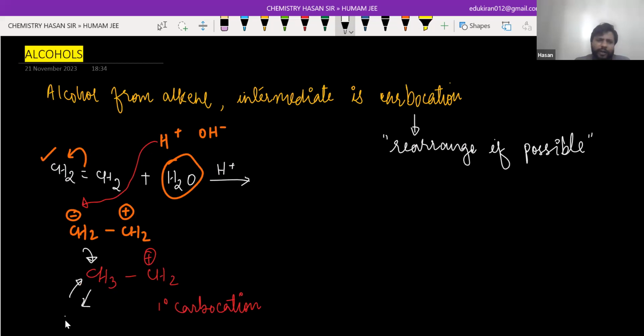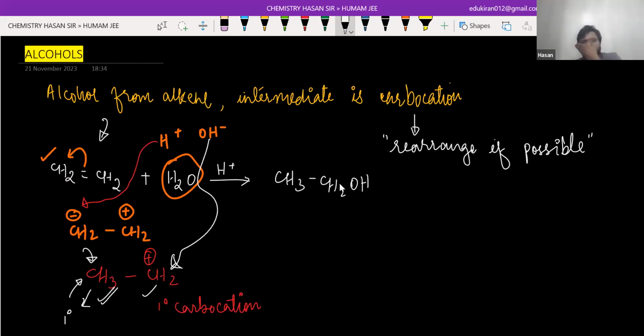It will also be 1 degree, so there is no difference if you do the rearrangement shifting. The stability at this carbon will be the same as at that carbon, so rearrangement here is not a good thing. OH minus will attack this, and you will get CH3 CH2 OH. Are you getting my point? Yes or no?